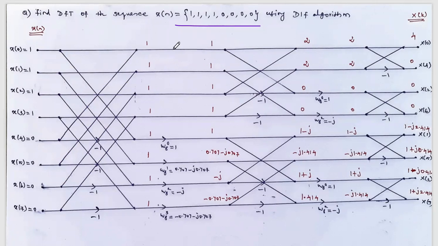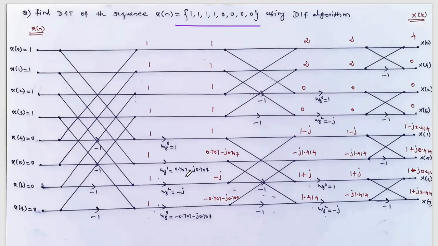In the second stage, in the first four lines there is no twiddle factor, so the same 1 is appearing, 1, 1, 1. But in the lower four lines there is a twiddle factor, so we have to multiply. 1 multiplied with W8 power 0, whose value is 1, so the same 1 is available here. Here 1 multiplied with W8 power 1. What is the value of W8 power 1?